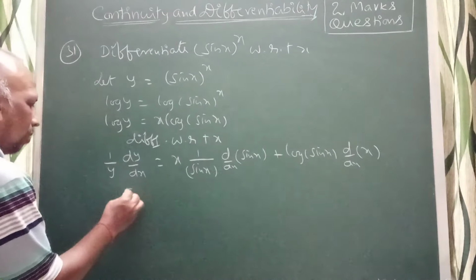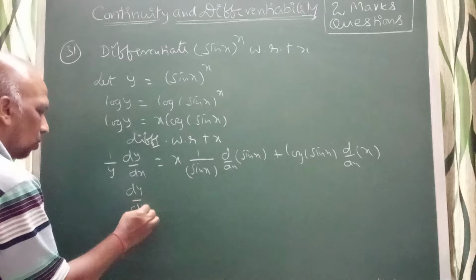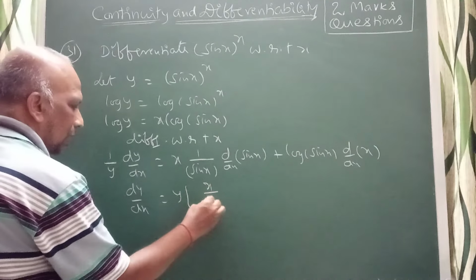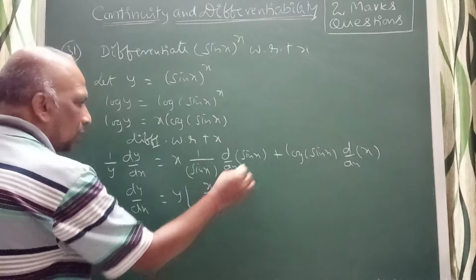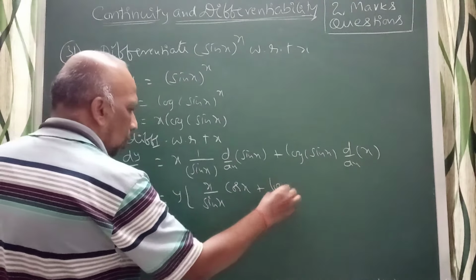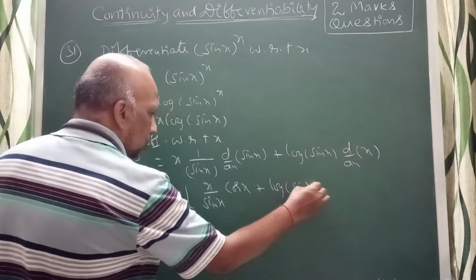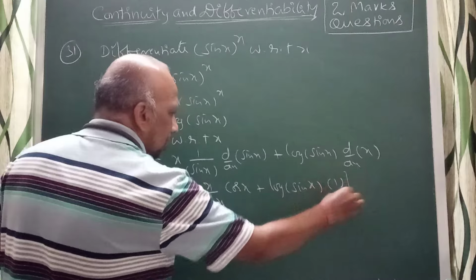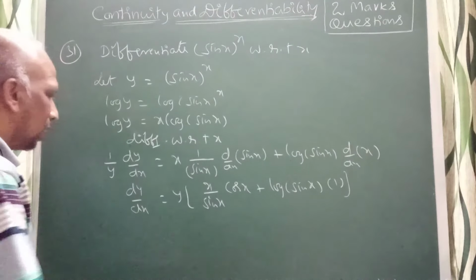Now this one, dy by dx is y into x by sin x into derivative of sin x, which is cos x, plus log of sin x, derivative of x is 1. Now I can replace y.